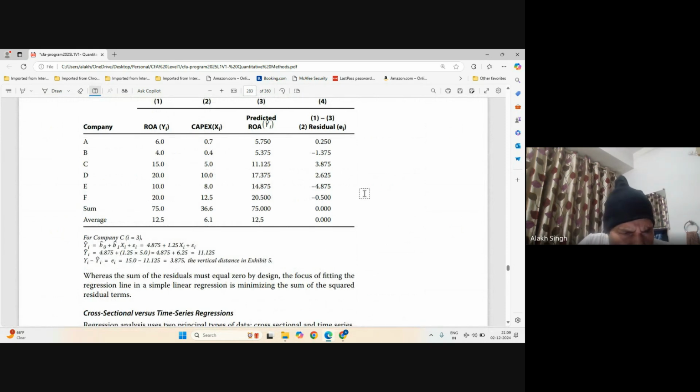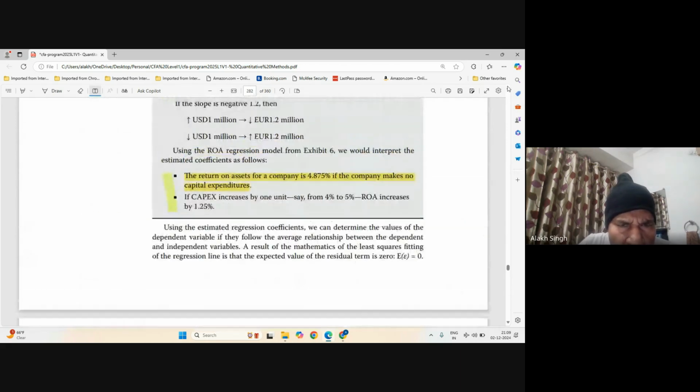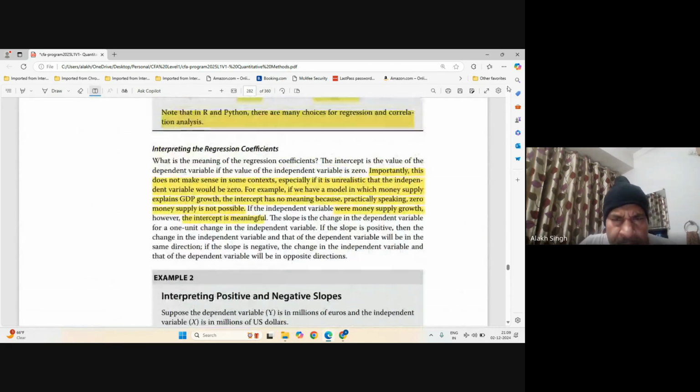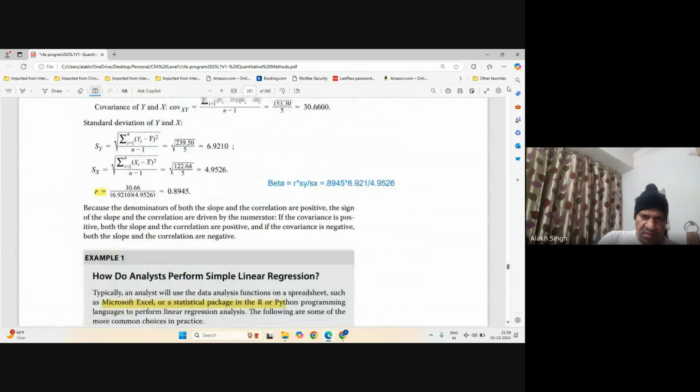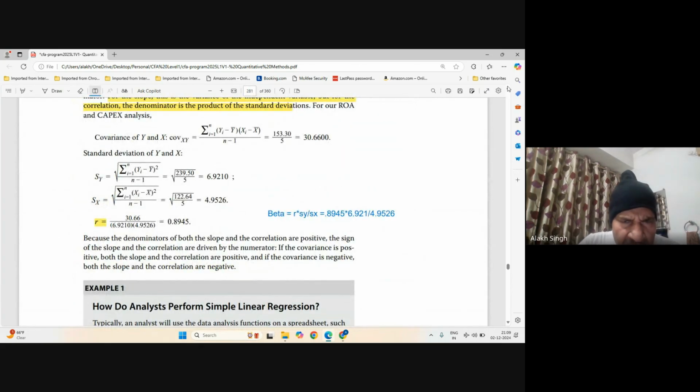Here, what is this about? Yi 11.125, yi hat is 3.875. But I didn't see that standard error calculation.